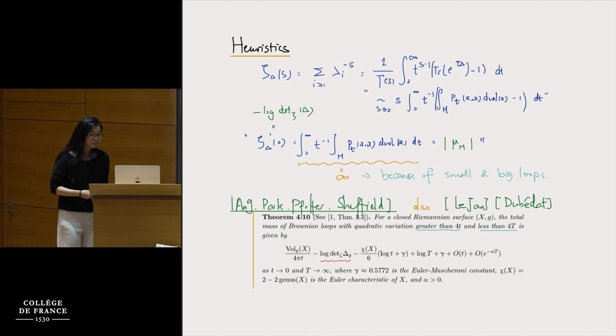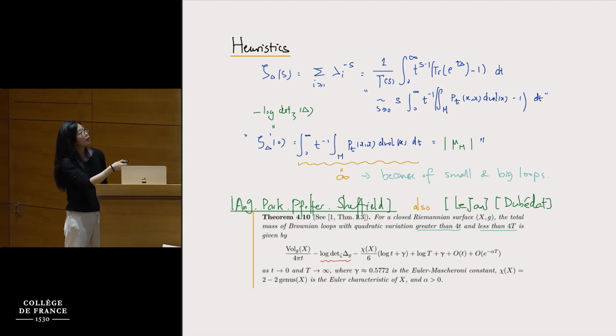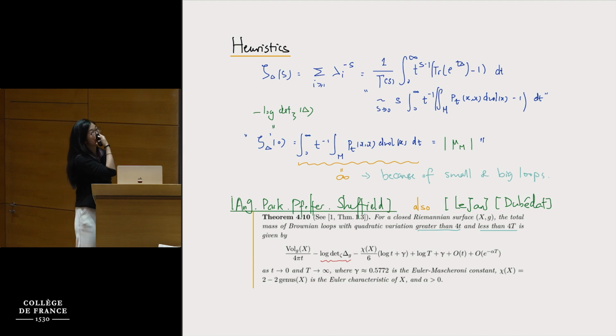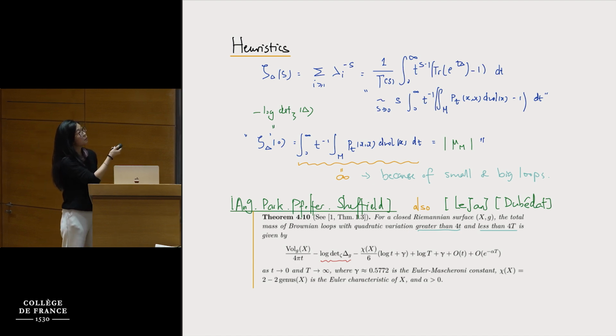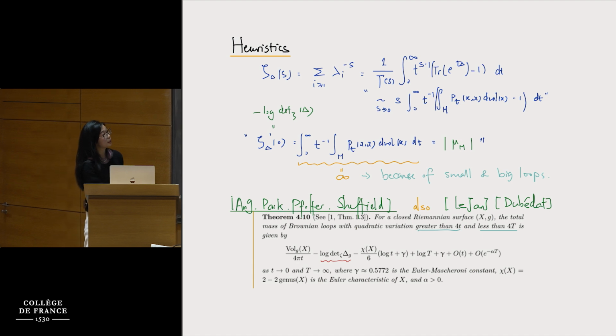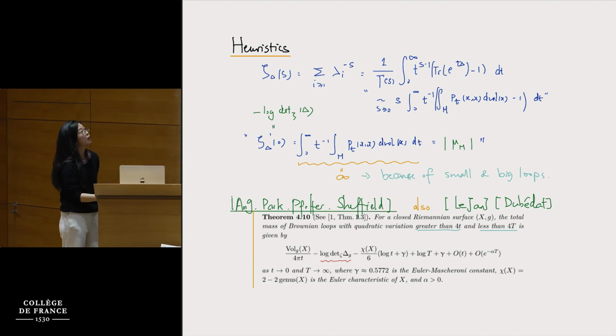That's a heuristic. And a concrete, precise result actually happened much earlier in the literature, but it's Morris, Min Jae Park, Pfeffer, and Sheffield who formulated it in terms of the Brownian loop measure.